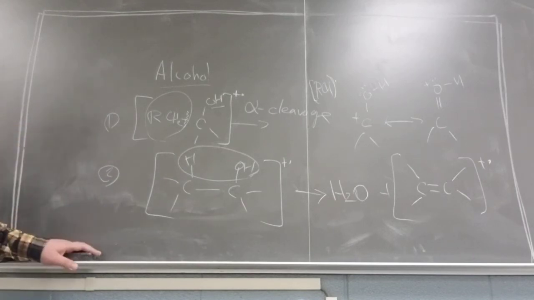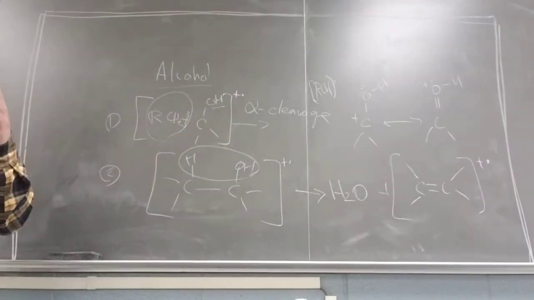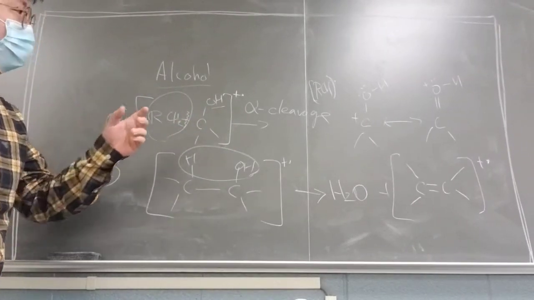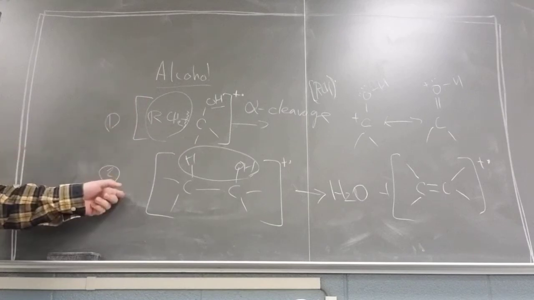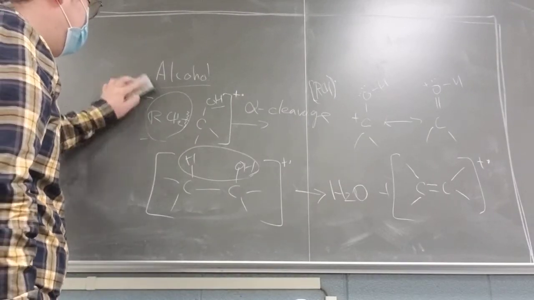The question will be like, I'll give you one example, and I'll ask you to choose whether that compound went through this scenario or this scenario in its fragmentation. So I'll show you the example here.